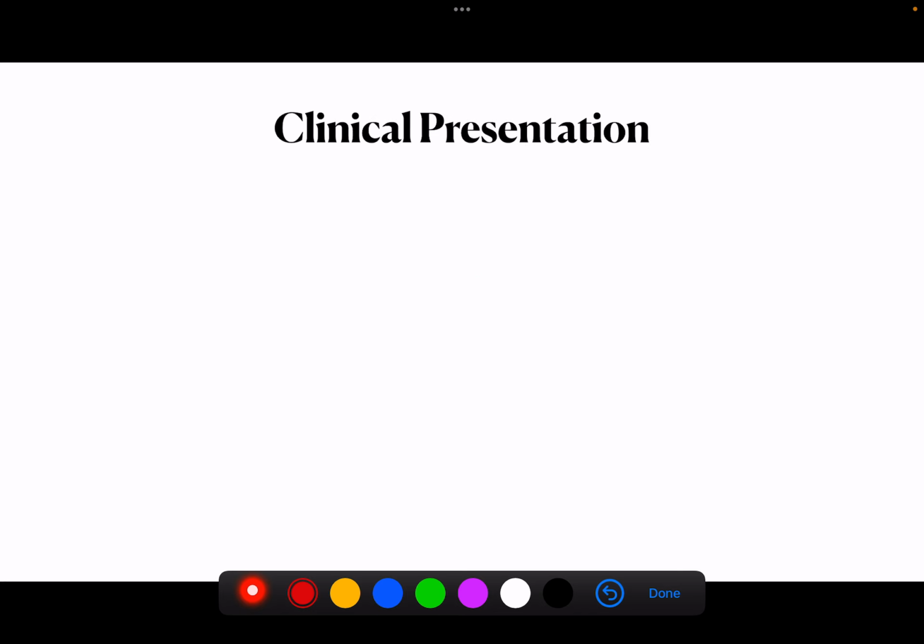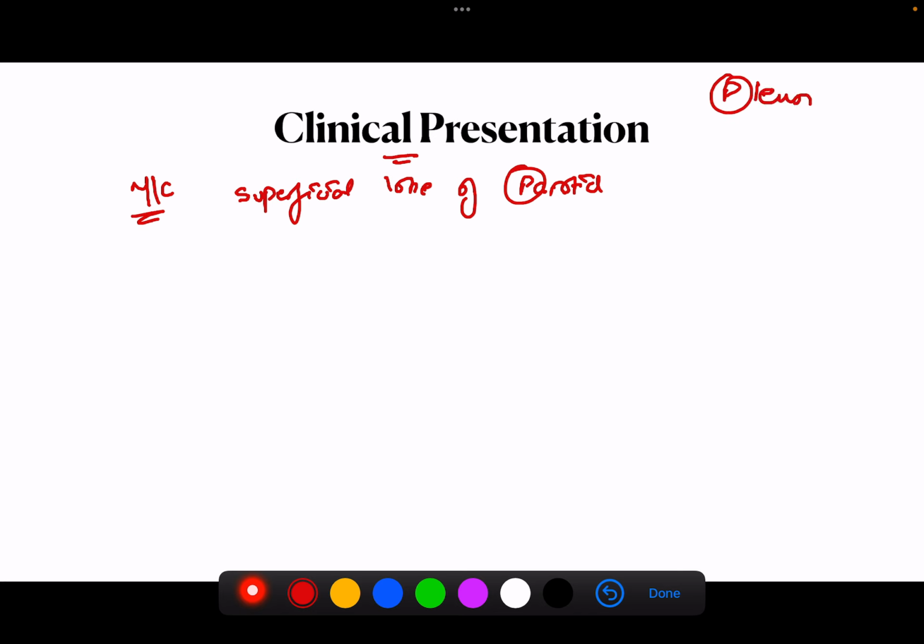Coming to the clinical features, it is the most common, affecting the superficial lobe of the parotid. So you can remember it as parotid pleomorphic. So pleomorphic adenoma will be most commonly seen in parotid.